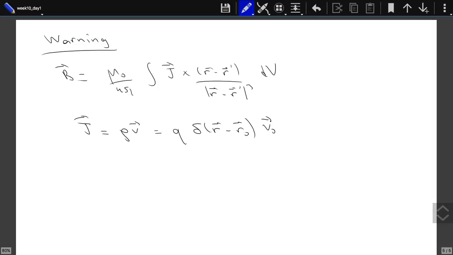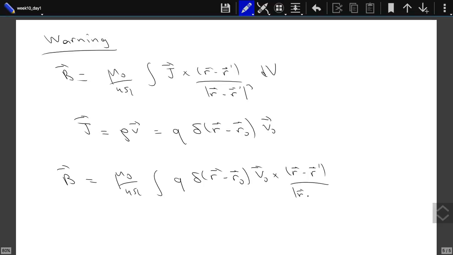Now, if you put it back, B will be equal to mu0 over 4 pi Q Dirac delta (R prime minus R0) times V0 cross (R minus R prime) divided by |R minus R prime| cubed, integrated over dV prime because we are integrating over the coordinate R prime.